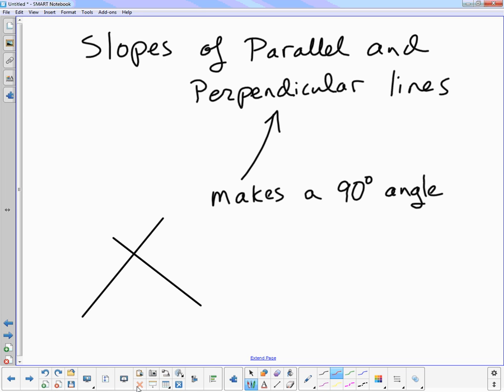You see these two line segments that I just drew? These two are perpendicular, and they draw a little box to say that it's 90 degrees.